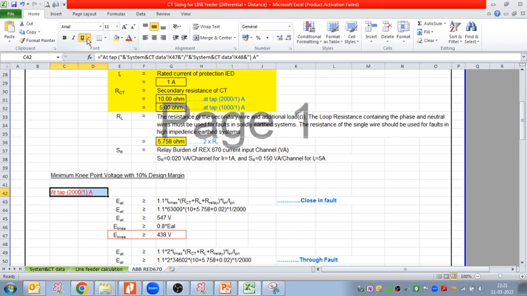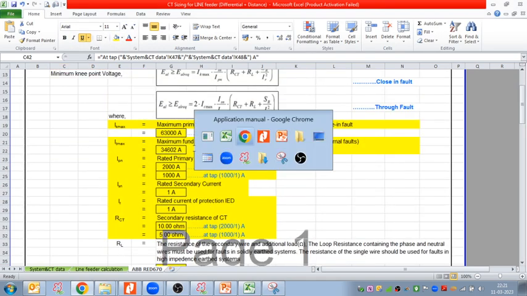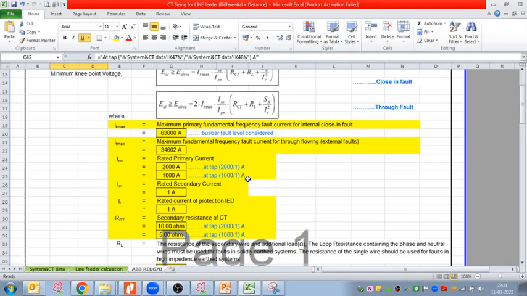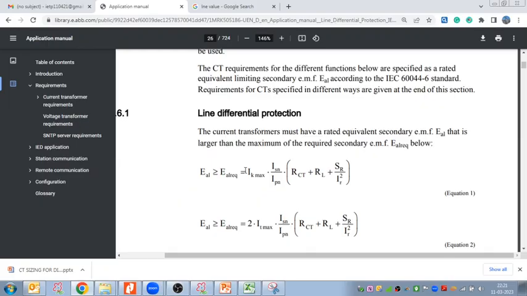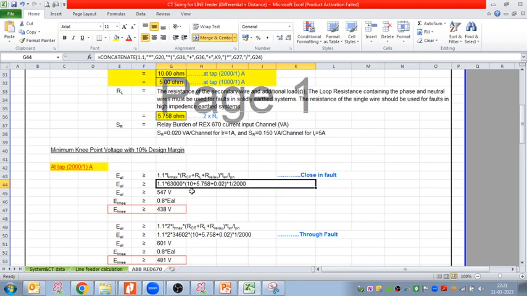My CT primary current, IPN, would be 2000. So 1 divided by 2000, just that. Ik max here is my fault current, so fault 63 kiloampere multiplied by 1 divided by 2000, multiplied by all in the bracket. So 63 into RCT, which is my 10 ohm.